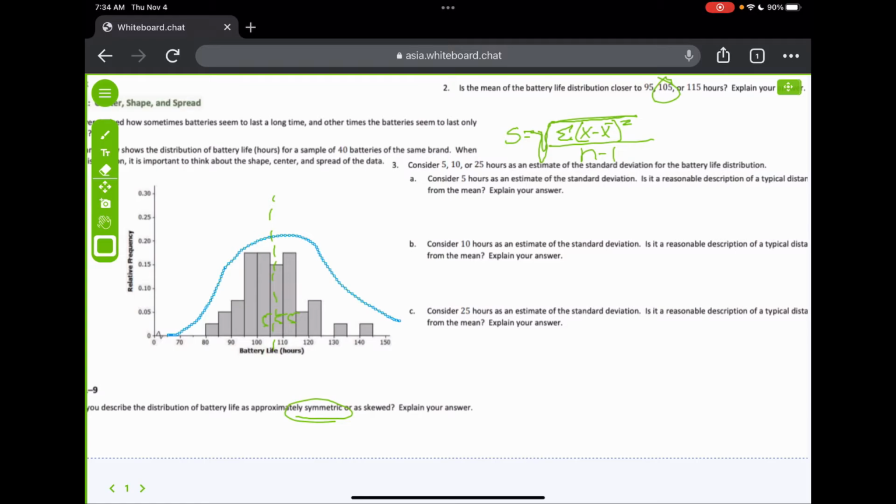Is it a reasonable description of a typical distance from the mean? Well, no, because you've got some of these that are way out here. Okay, if the mean was 105, this is up to 145, and this one would be, what was that, 25 away? So probably not. It's going to be greater. Should be greater is what we would say.